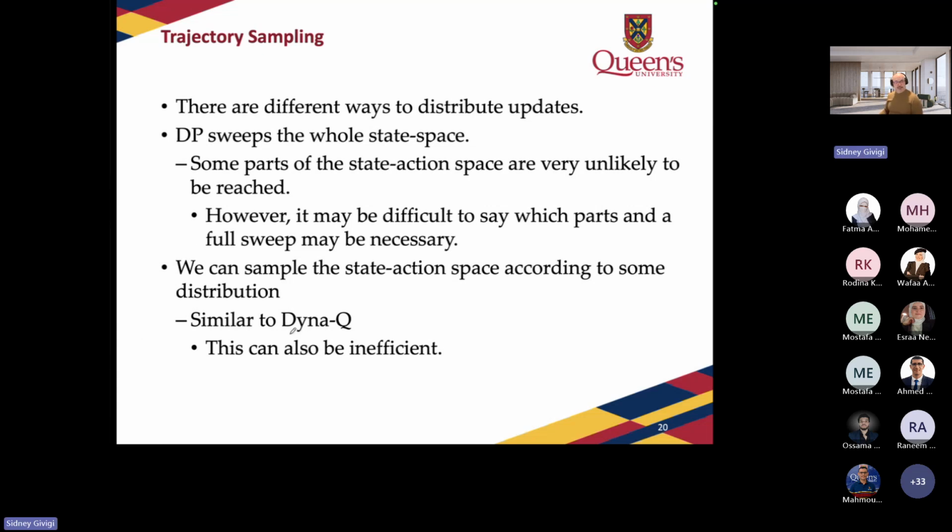It's very similar to Dyna-Q, but it is going to be created compared to trajectories that have already happened, right? In Dyna-Q, we just randomly select stuff. Here, instead of sampling just one point, we are going to sample the whole trajectory. So we are 100% sure that that has happened in the past.